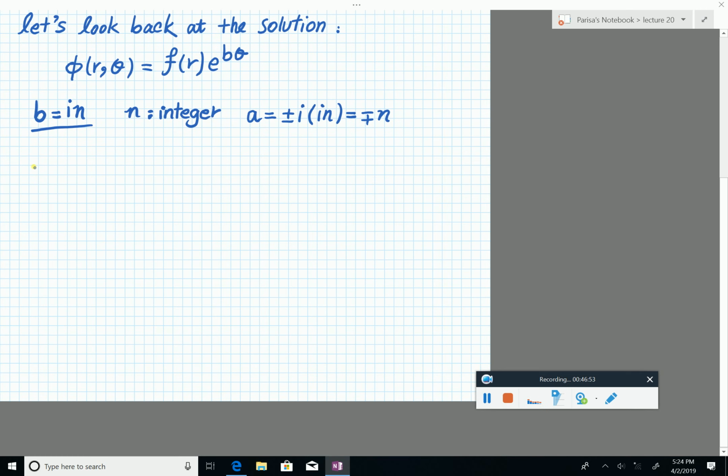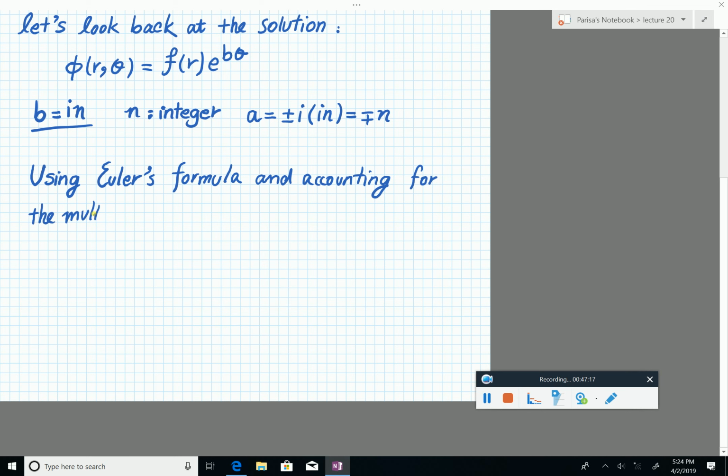So using Euler's formula and accounting for the multiplicity of the roots, everyone knows what I mean by that, right? Last time we talked about it.